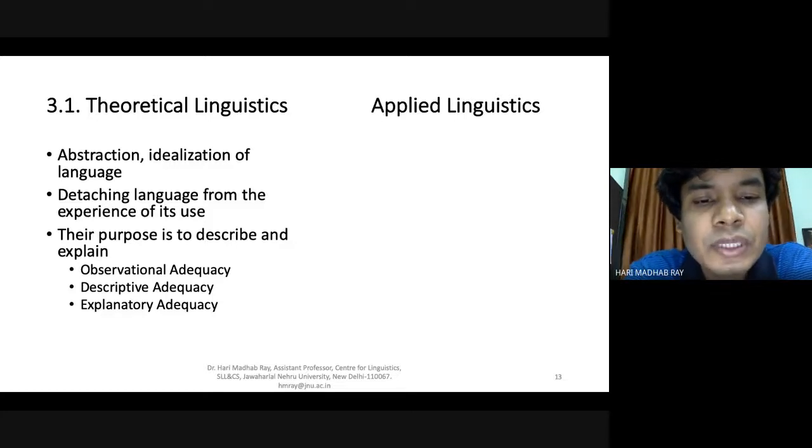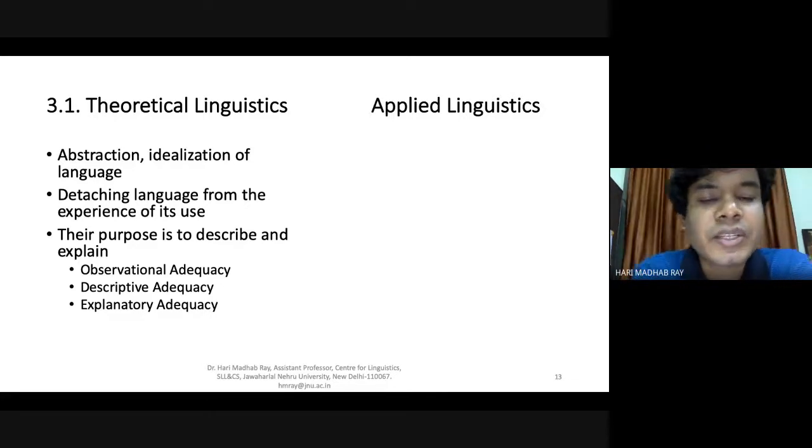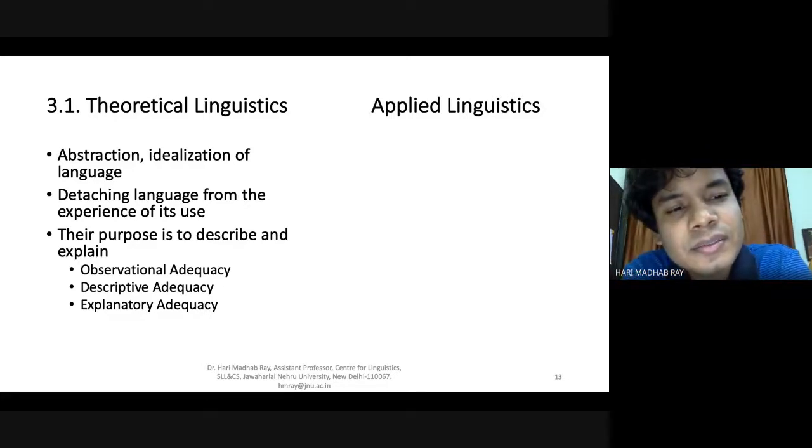But before that, can anyone else explain what this adequacy is all about? Do not type it in Google. This is very bad as well. What is observational adequacy, descriptive adequacy, and explanatory adequacy? Anyone?